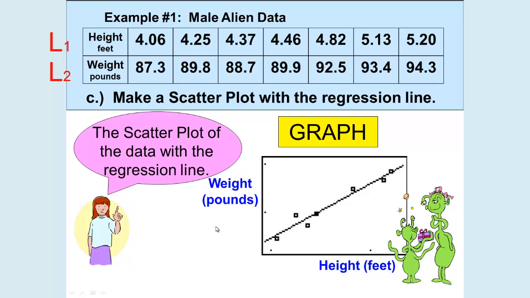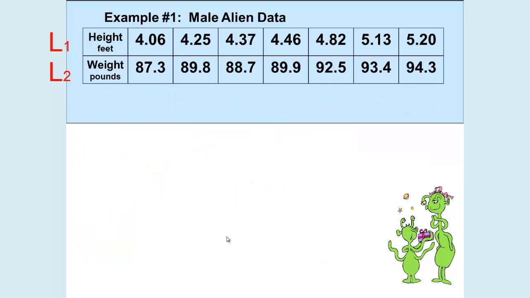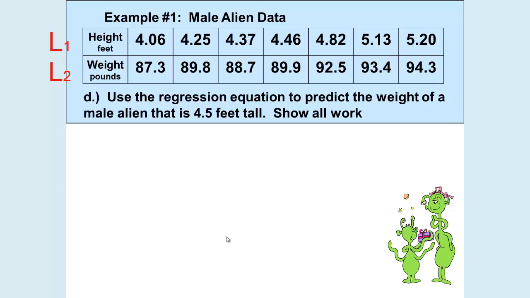Normally at this point we would test with the critical value to see if it was a linear relationship, using not only the linear trend but the critical value. But that is not asked in this particular example, so we will go on to part D, which asks us to use the regression equation to predict the weight of a male alien that is 4.5 feet tall, and to show all of our work.